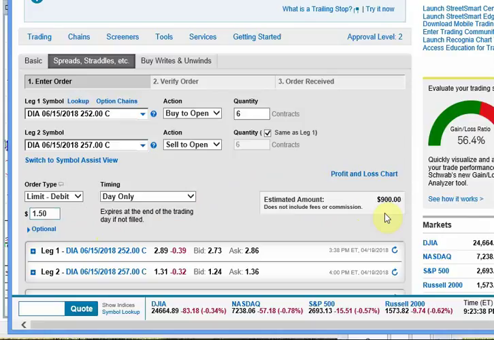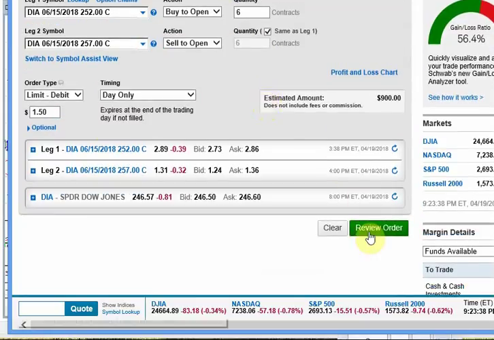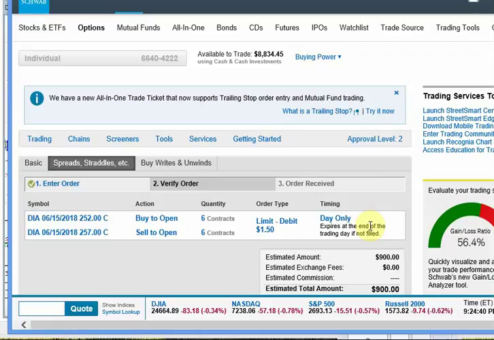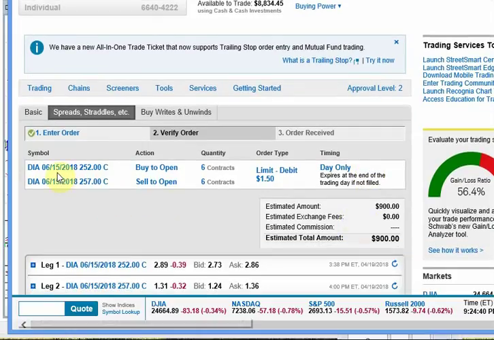So I'm going to go ahead, and I've actually already placed this trade, but it gives you an opportunity to review the order and make sure that everything is done properly. Again, we're doing the June 15 expiration, the 252, 257 call spread, and we're going to do it for a price of $1.50 times 6 contracts equals $900.